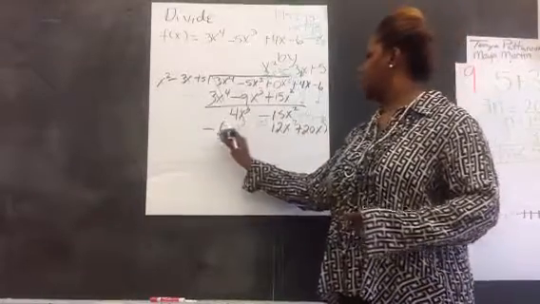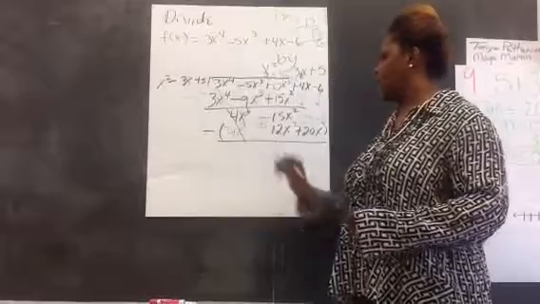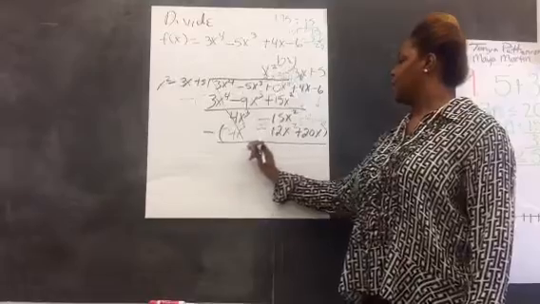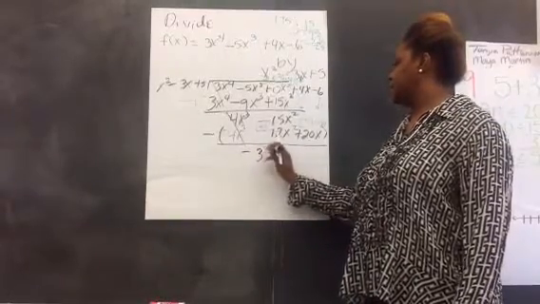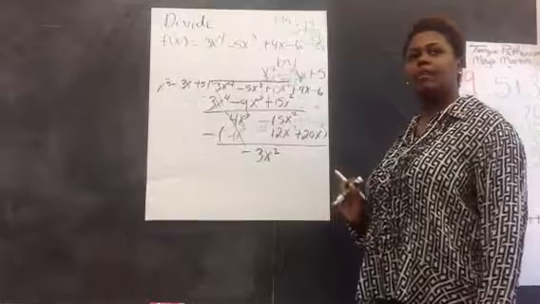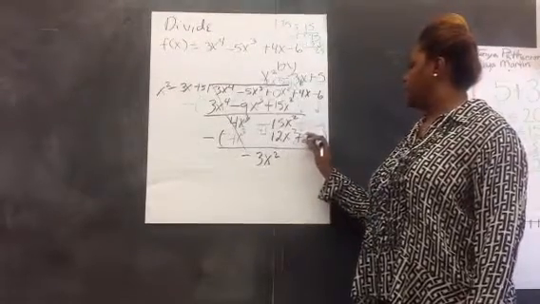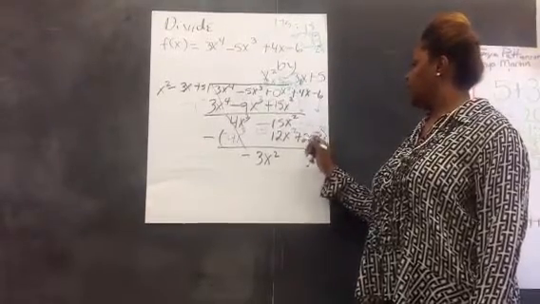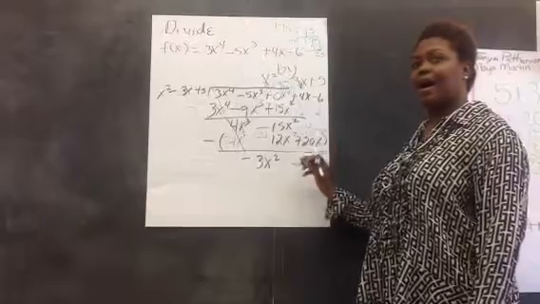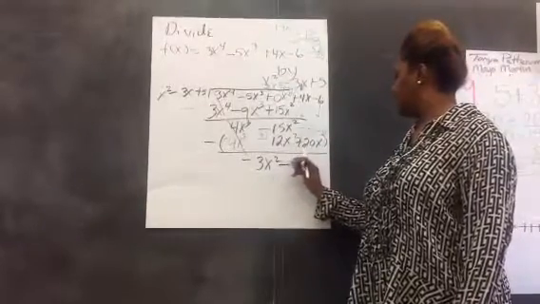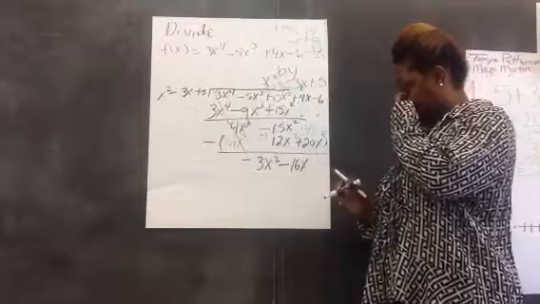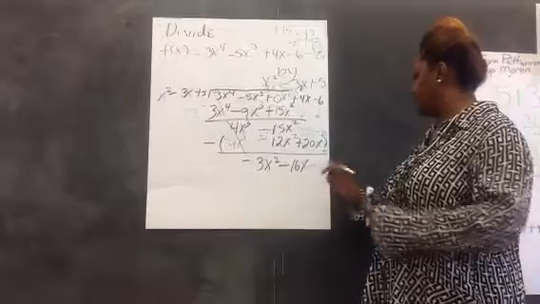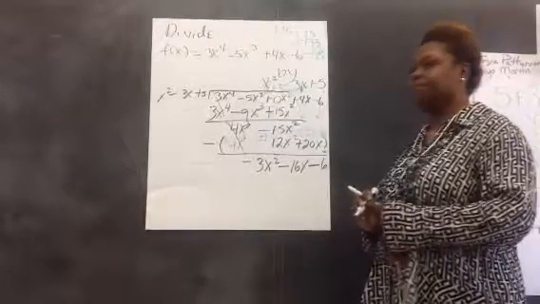I then go about subtracting it. I cancel out here. I'll say a positive 12 and a negative 15x squared. That'll give me a negative 3x squared. Negative 20 plus a positive 4, I'll get a negative 16x. And then, of course, I need to bring down my next term, which is a minus 6.